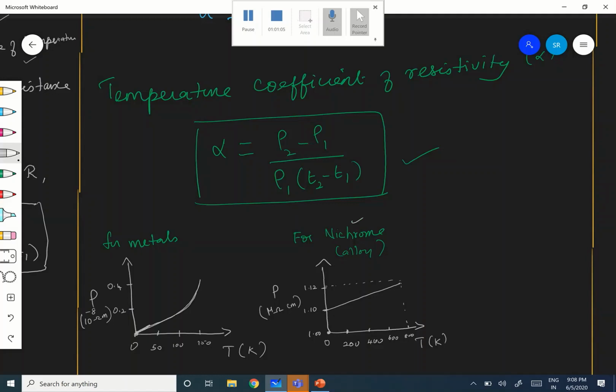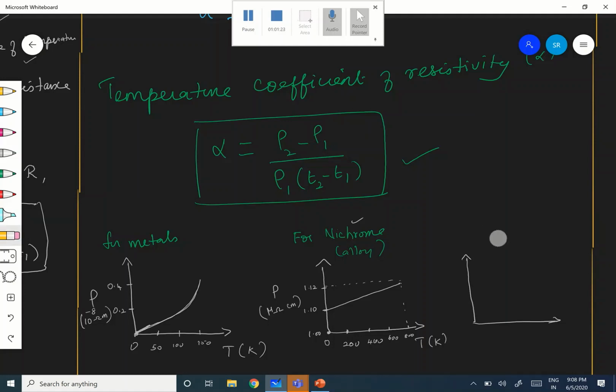But if I take constantan, why I told you manganese and constantan, they are meant for making resistance coils. Why do we prefer those?